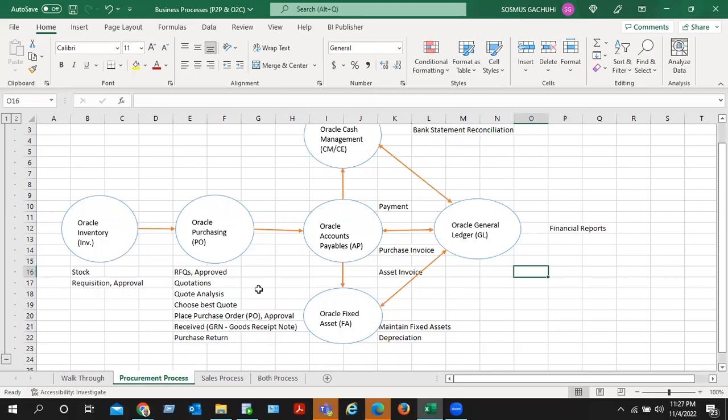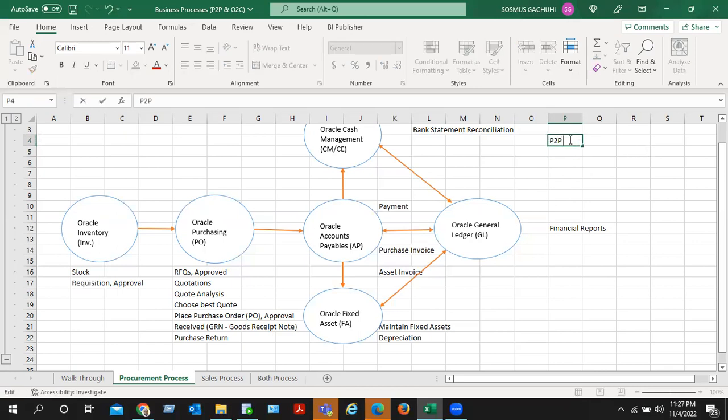workflow, or rather the flow diagram, of how the process of procuring and doing the payment of that procurement goes. What we usually refer to this process as is P2P.